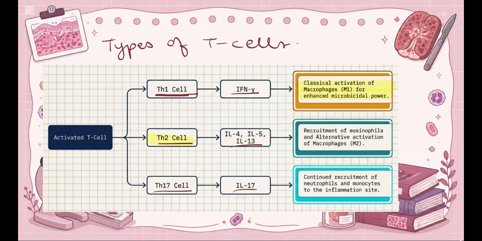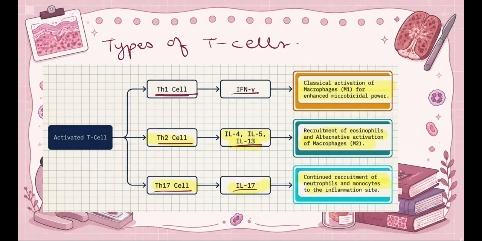The second subset is the Th2 cell. It secretes a different combination of signals. These recruit those toxic eosinophils and trigger the alternative M2 tissue repair pathway. The third subset is the Th17 cell. It secretes IL-17 to continuously recruit fresh neutrophils and monocytes to the site of inflammation.